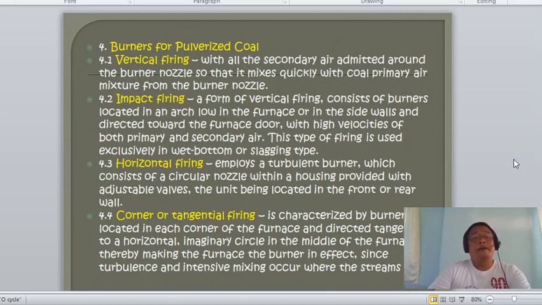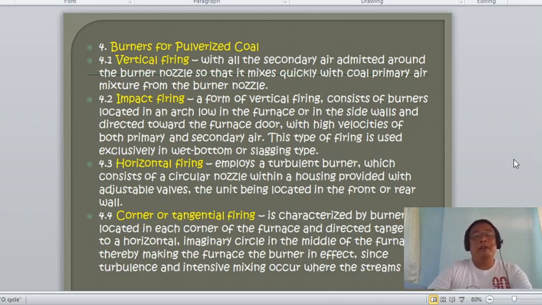Other is impact firing, a form of vertical firing consisting of burners located in an arc low in the furnace or in the side walls and directed toward the furnace door with high velocities of both primary and secondary air.